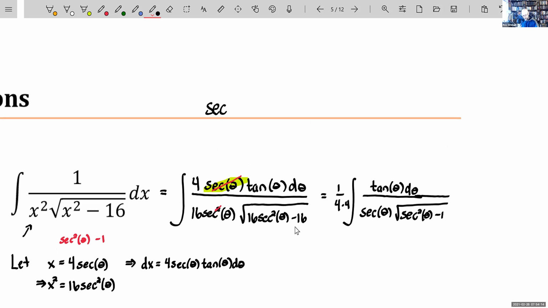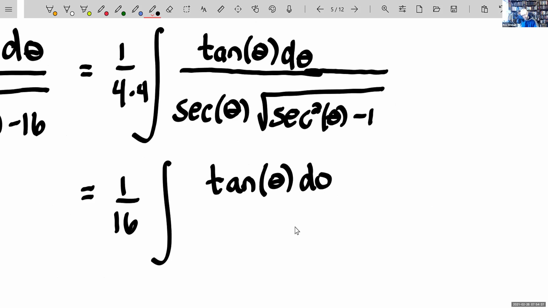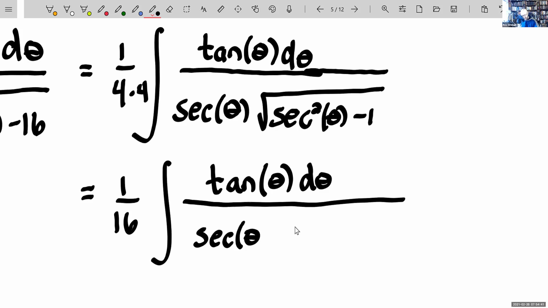Secant squared of theta minus 1 is tangent squared. That's why we did that substitution. All of these substitutions are done for a reason, to squeeze them down to their Pythagorean identity. So this becomes a 1/16 integral of tangent of theta d theta all over secant of theta times the square root of tangent of theta squared.